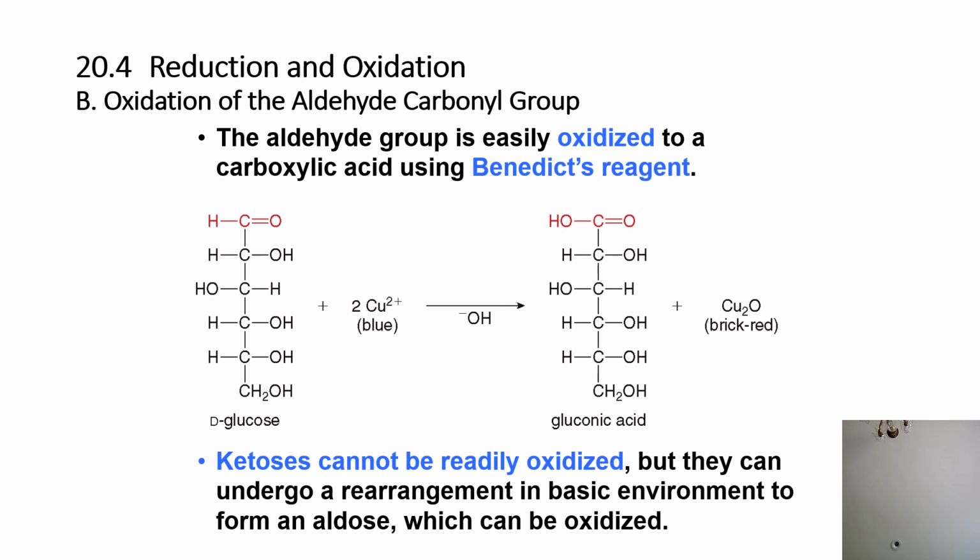And this is then oxidized, or we increase the carbon to oxygen bonds on that carbon to produce a carboxylic acid. And when we name that, it's called gluconic acid. Plus you get this indication of the oxidation having occurred when you see that brick red precipitate forming.